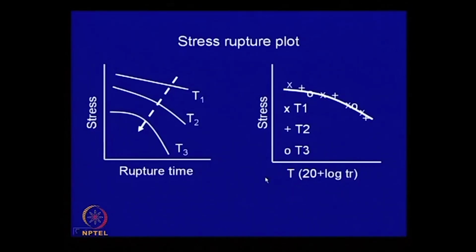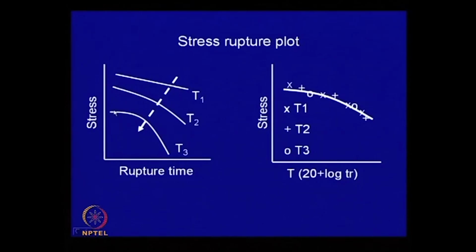And since monitoring strain over a very long period is often difficult, for engineers it is often good enough if we know the time to rupture, which can be determined with somewhat less sophisticated equipment.